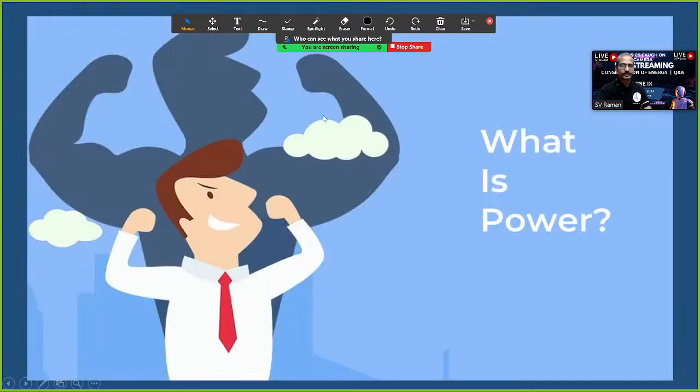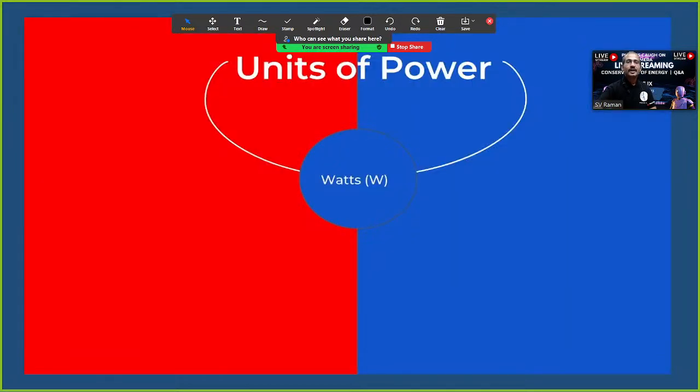Next. What is power? Physicists have a lot of power. What is power? Power in the sense of work done in a unit time. How can we define work done in a unit time in the simplest way?